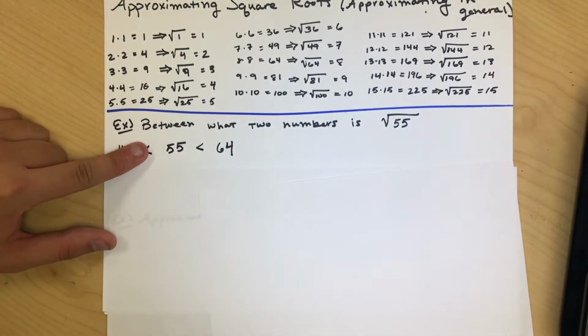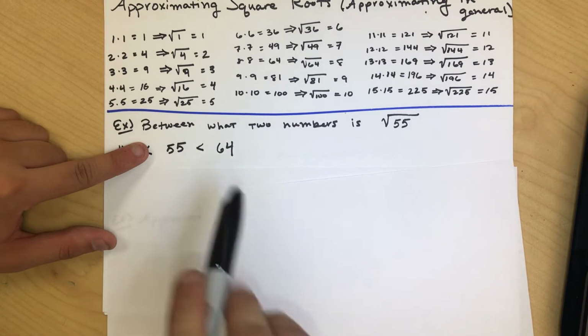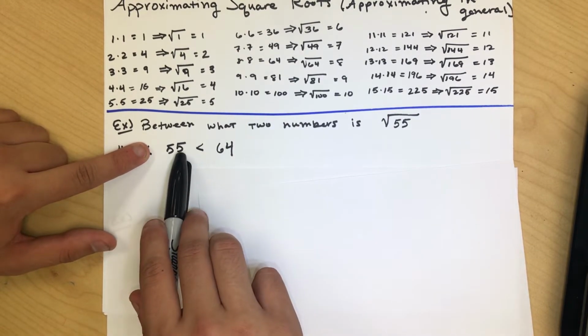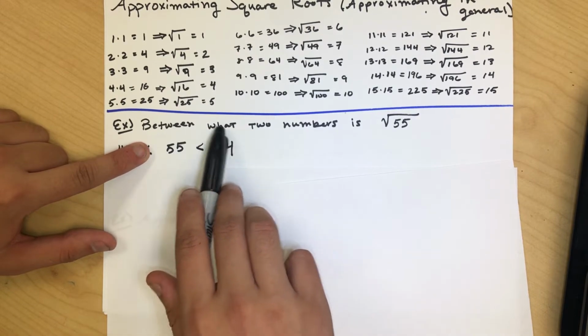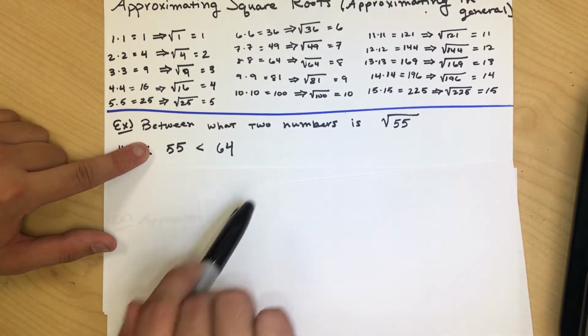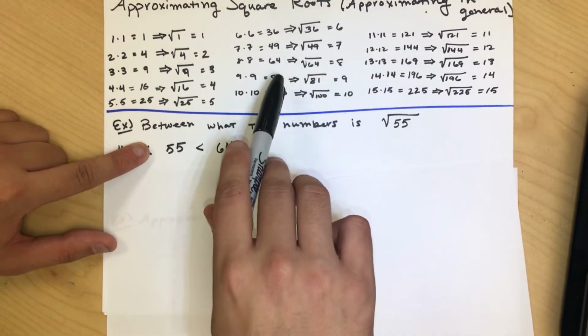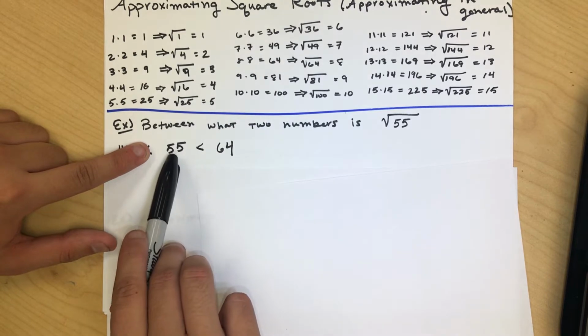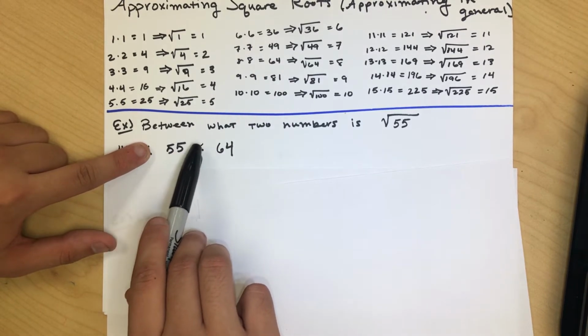I go and find the next perfect square, the one larger than the one that we're looking for. So in this case, we're trying to approximate the square root of 55. So we go to the next highest perfect square, which in this case is going to be 64. Okay, so 55 is less than 64.